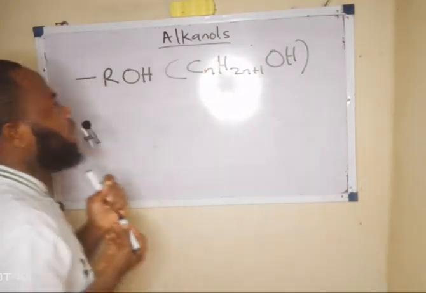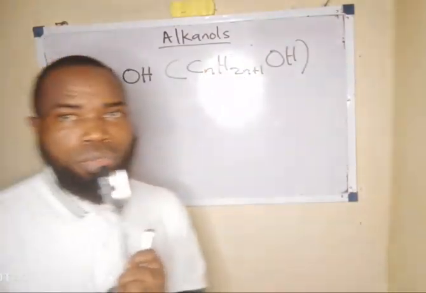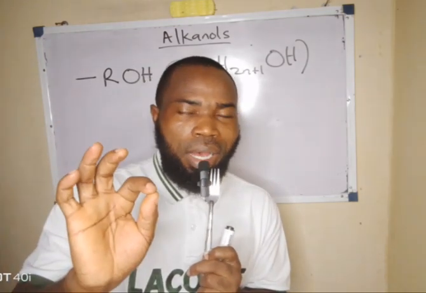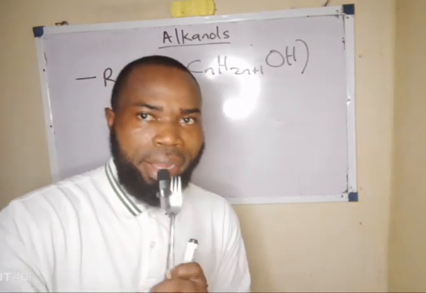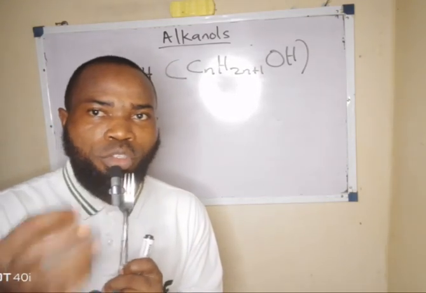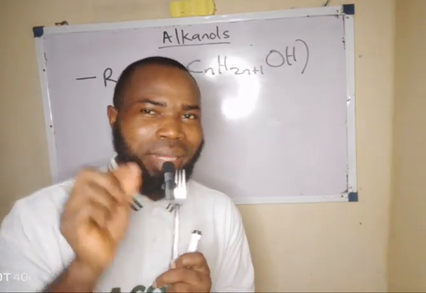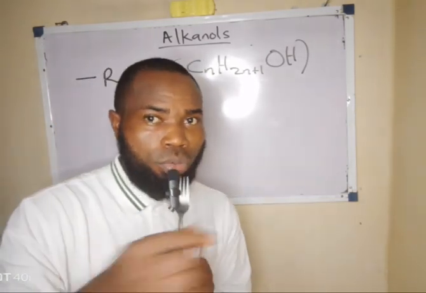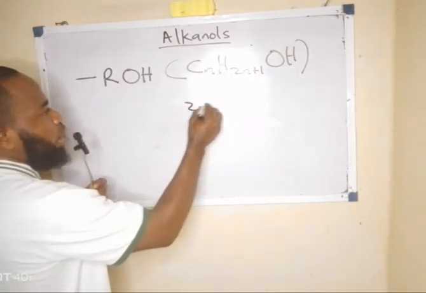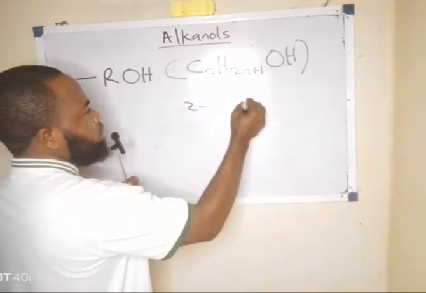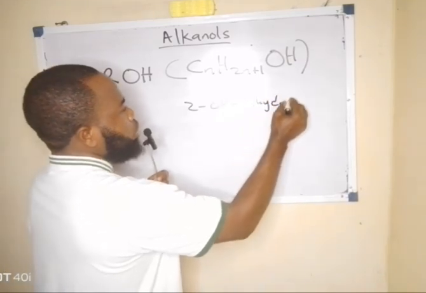Quickly, there are different types of alkanols. Of course, we have those alkanols that have one hydroxyl group, which is regarded as monohydric. We can have those that have two hydroxyl groups, which is known as dihydric, and they call them the glycols. So you have to be very careful that those that have two hydroxyl groups are regarded as dihydric alkanols.